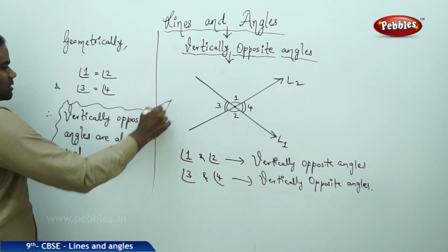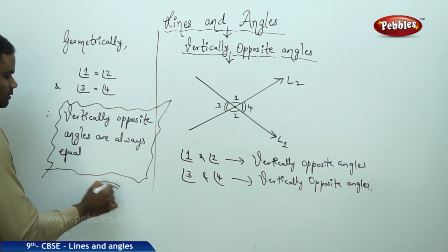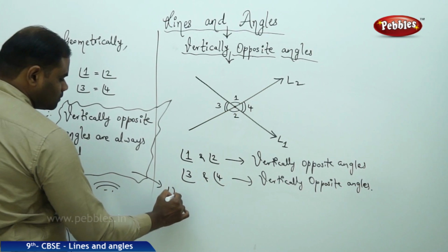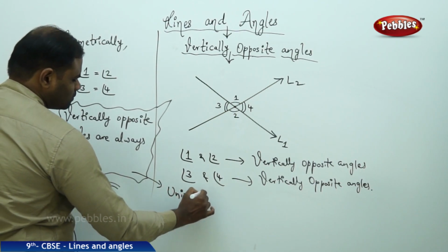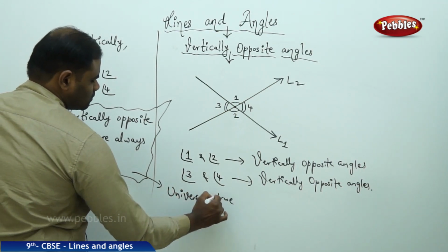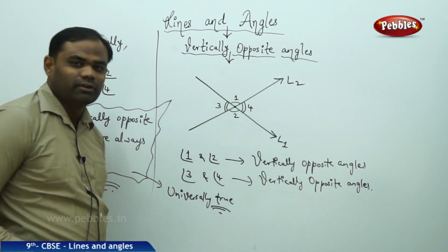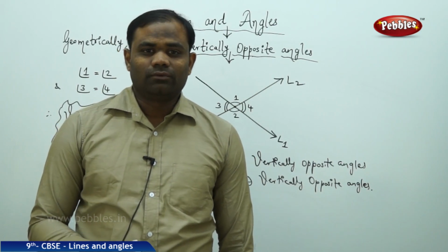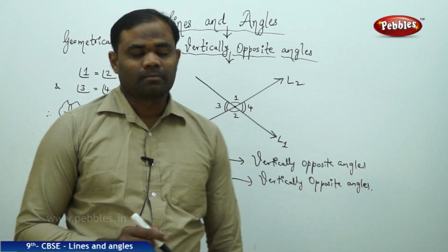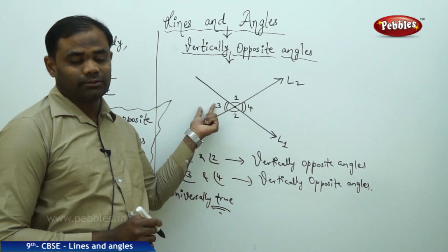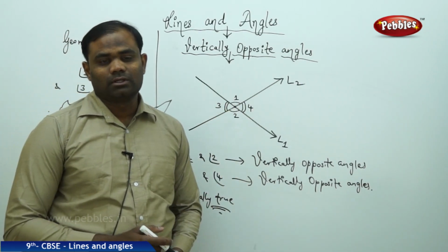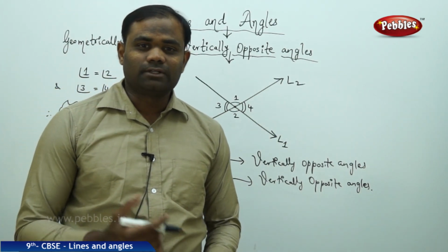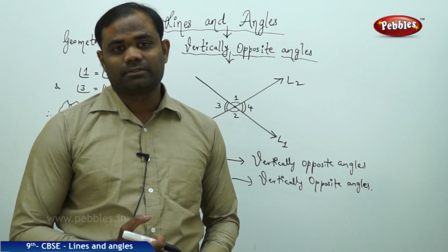For any lines intersecting, this is universally true. This is how we understand that vertically opposite angles are always equal for any two lines intersecting. Angle 1 equals angle 2, angle 3 equals angle 4. This is how we understand the learning outcome and the definition of vertically opposite angles.